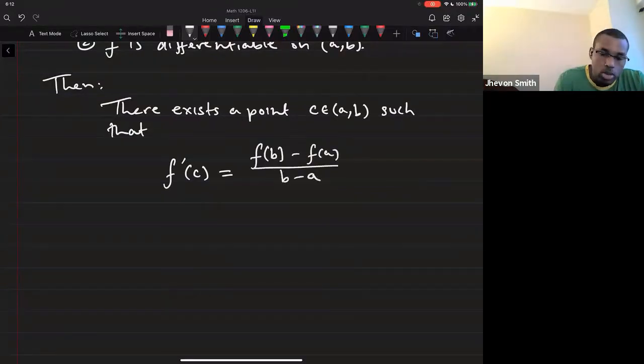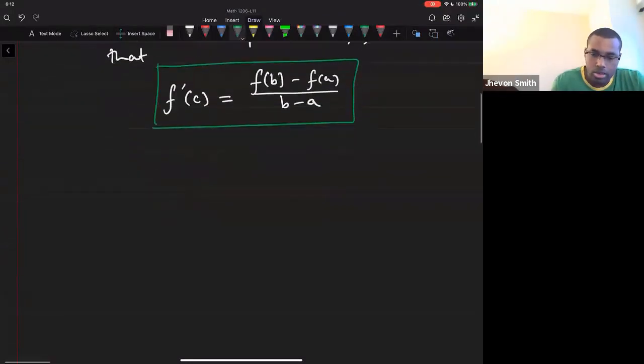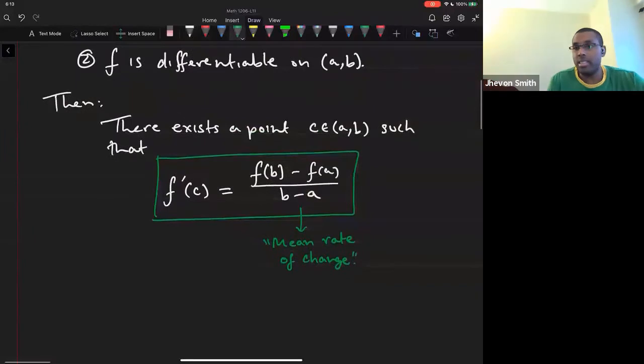You'll notice that that is the same expression for the average rate of change, and so that's exactly what this is. This is the mean rate of change. Right? So basically it's saying that there's some point in the interval where the instantaneous rate of change has the same value as the mean rate of change. It will take on the mean value, hence the mean value theorem, right?